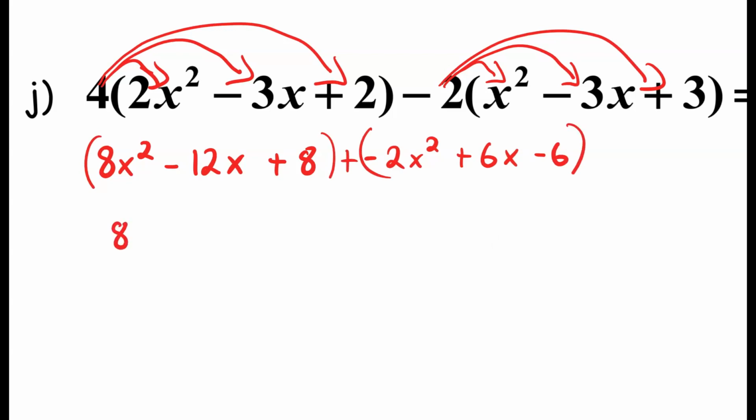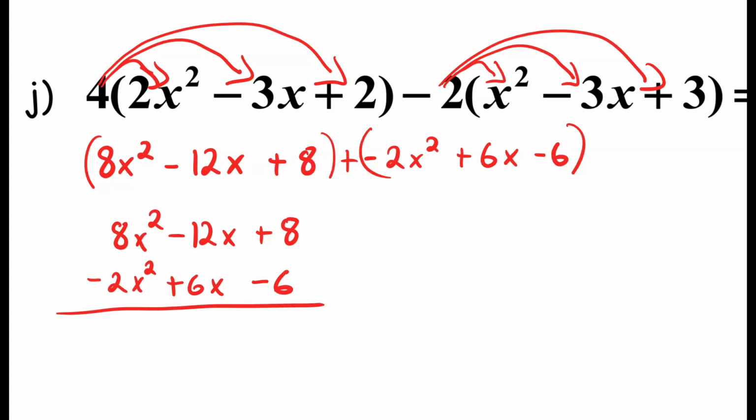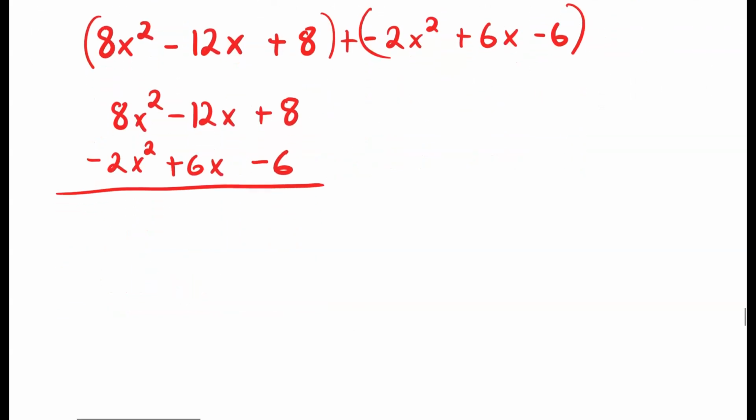So we have 8x squared subtract 12x plus 8, and that's going to be over top of negative 2x squared plus 6x subtract 6. Now ours worked out perfect that our like terms are already over top of each other, but if yours aren't, you have to make sure to organize it so that your x squared is over top of your x squared, your x is over your x, and then your constants are over top of each other.